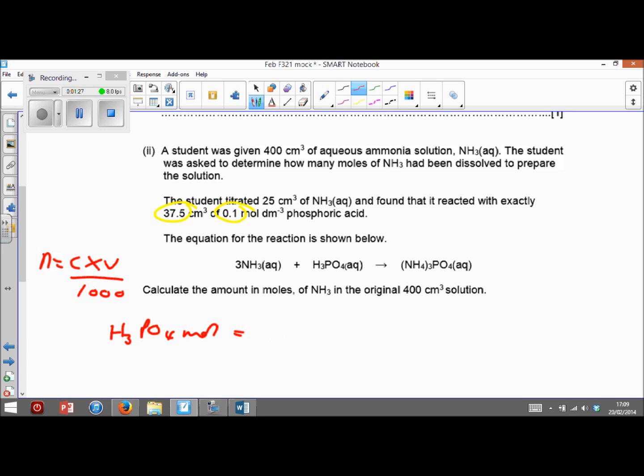So phosphoric acid moles equals 37.5 times 0.1 over 1,000. That gives you 3.75 times 10 to the minus 3 moles of phosphoric acid.